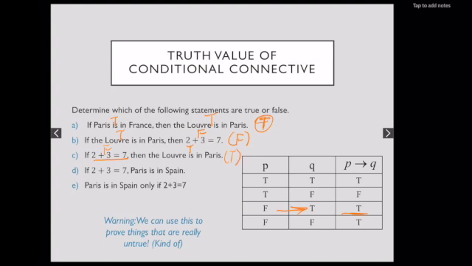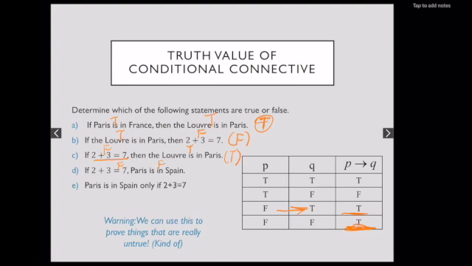If 2 plus 3 equals 7, that's false, then Paris is in Spain. That's also false. But here's what's crazy about implication. That gives us a true value. So you need to put common sense aside sometimes when working with logic.